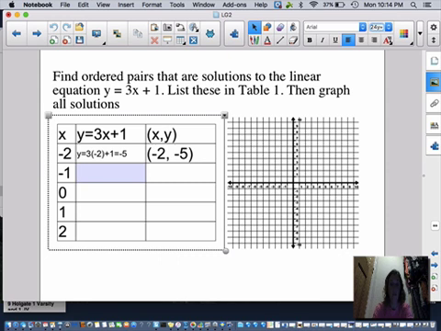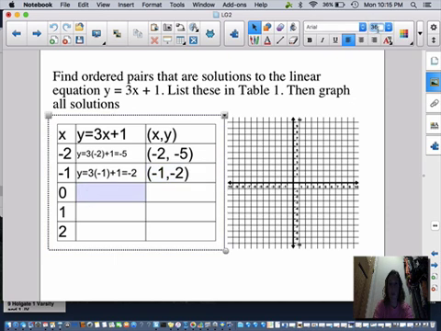So y equals 3 times negative 1 plus 1 equals, 3 times negative 1 is negative 3, plus 1 is negative 2. Okay, so our ordered pair here is negative 1, negative 2.